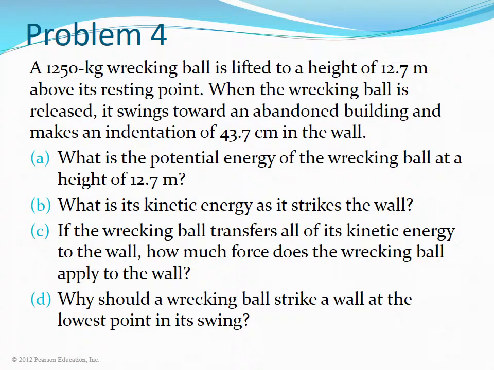What is the kinetic energy as it strikes the wall? If the wrecking ball transfers all of its kinetic energy to the wall, how much force does the wrecking ball apply to the wall? Why should a wrecking ball strike a wall at the lowest point of the swing? Pause the video to work on the problem.